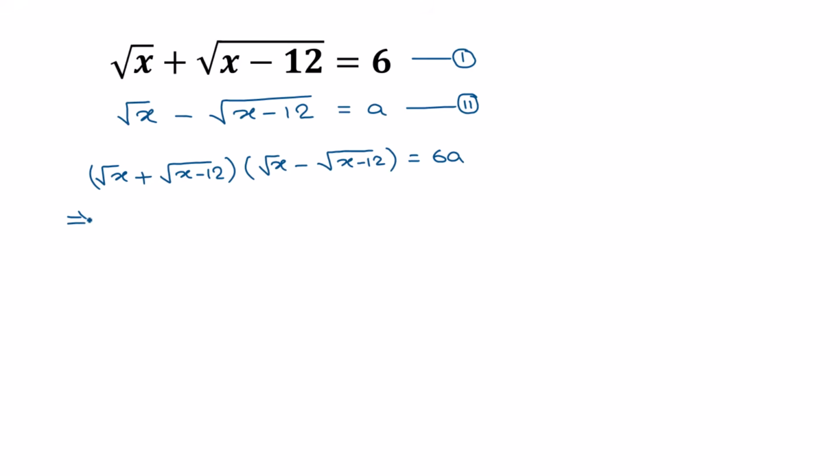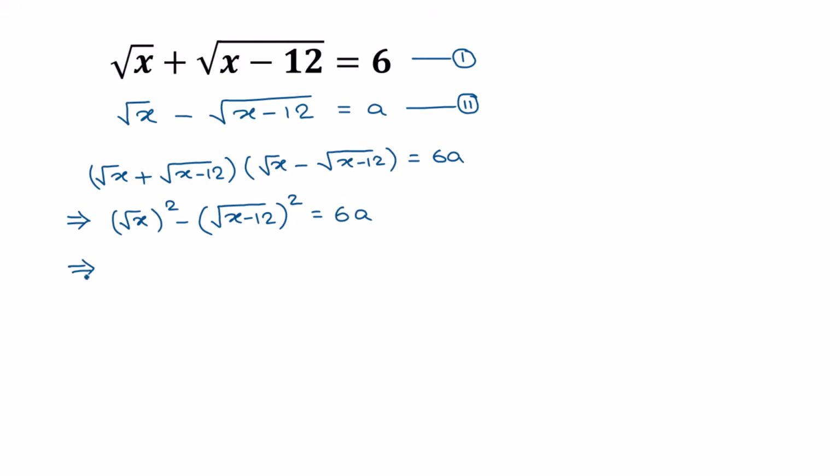Now applying the formula a plus b times a minus b is equal to a square minus b square, to the left side we will get square root of x, this as a, and a square minus b square means this square root of x minus 12 square, is equal to the right side, this is 6 times a.